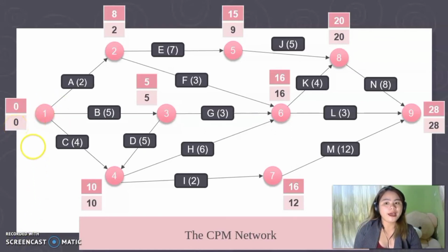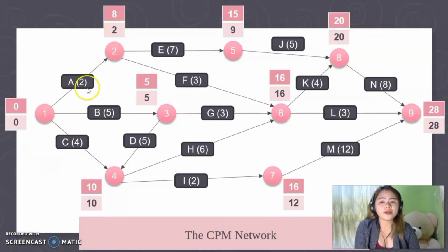Now we have to find the earliest start time of an ending activity. According to the given formula, the earliest start time of the starting activity plus the duration: 0 plus 2 is equal to 2. Therefore, the earliest start time of our ending activity is 2.